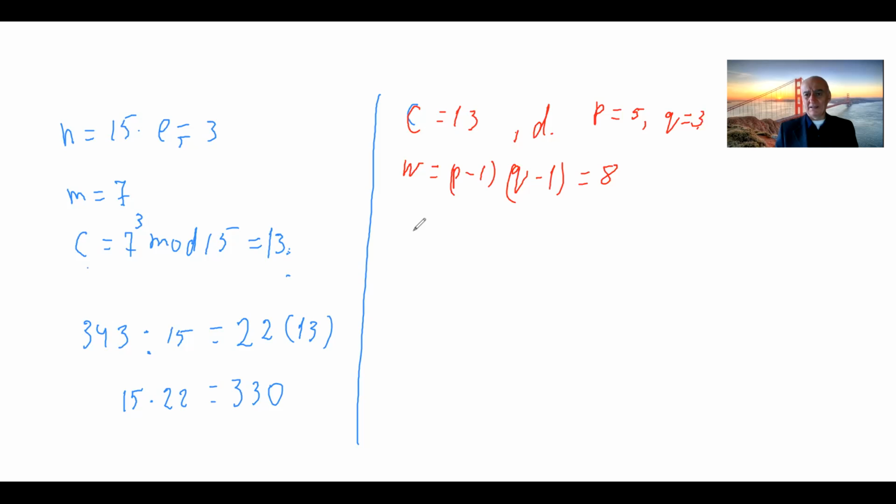The formula for number D is E times D congruent 1 modulo W. So in our case, 3 times D congruent 1 modulo 8. Now, what is D?